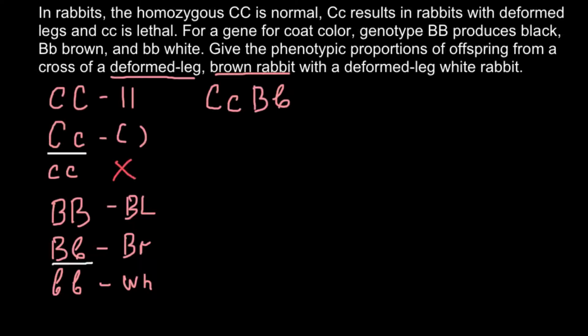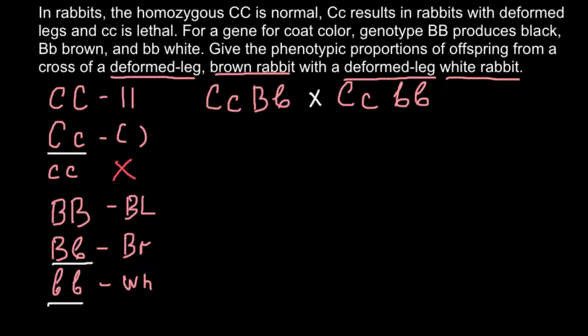We have to cross this parent with another one that is also deformed-legged, so capital C, small c, and the color is white, which means small b, small b.